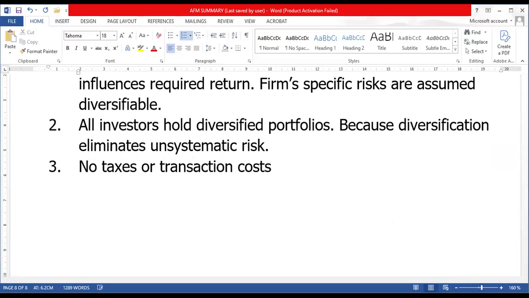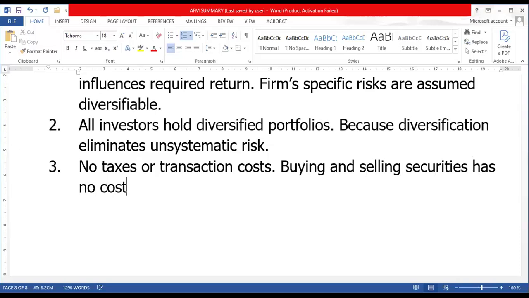Here, as you buy your security or as you sell your security, you are not going to incur costs.